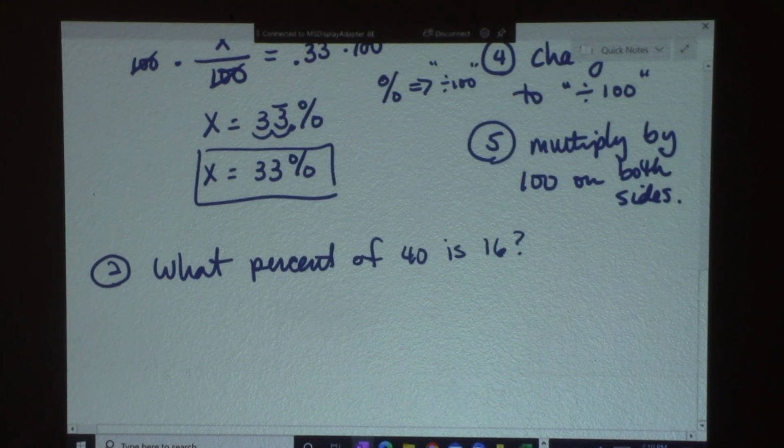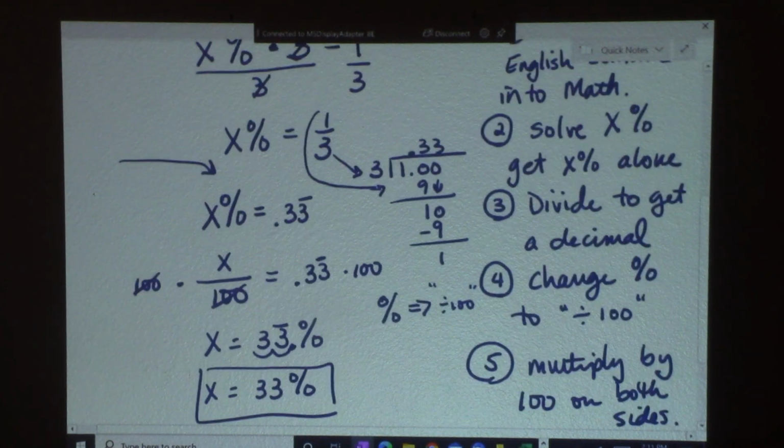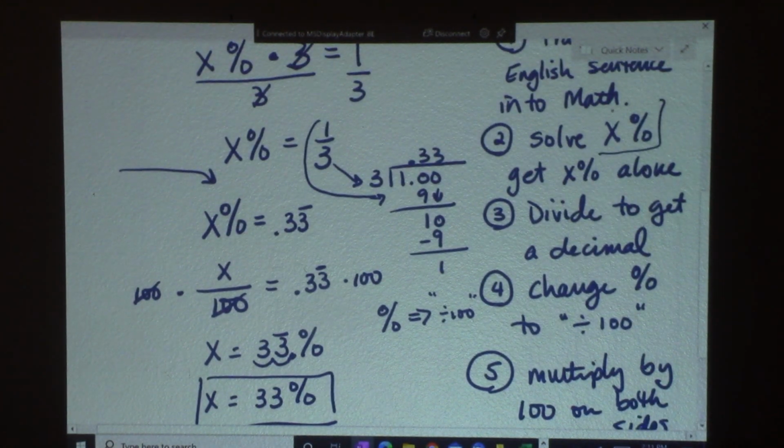Now this will go a little faster, but I'm going to translate first from English into math. So I'm going to write X, because I don't know what it is. Percent of means multiply, 40, and is means equals. So there is my new math equation. Okay, so my goal is to solve, let's see, in step 2, solve for X percent.